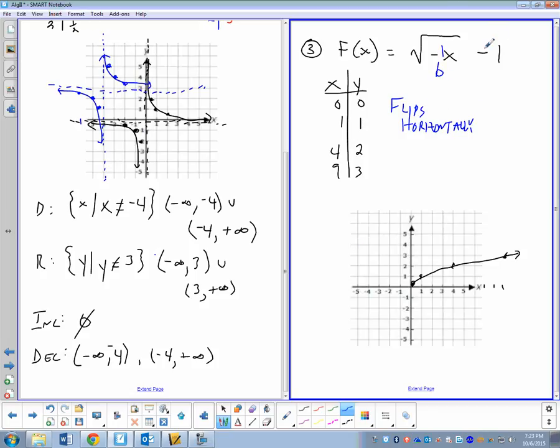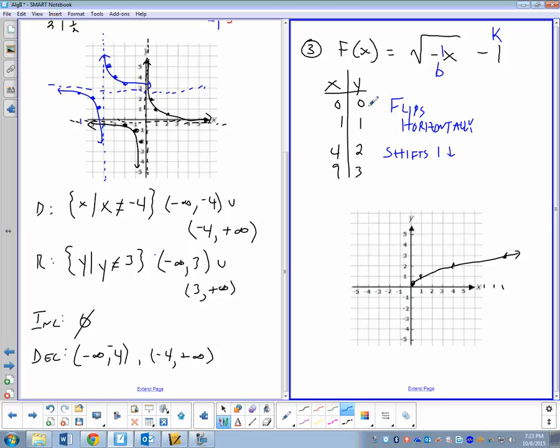Then this -1, obviously because I'm subtracting, that either means it's an H or a K. Because it is not part of what's happening to the x, that means it is a K value. K shifts my graph up and down. Because it's minus, remember that K always does what you think it would do. So that -1 means it shifts my graph 1 down.